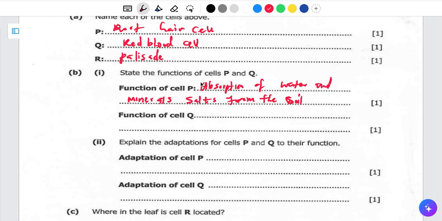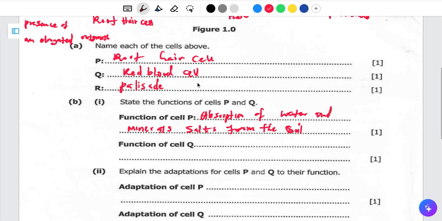That's all for the function of P. Then for the function of Q, which is the red blood cell, we can just say transporting oxygen to the cells.